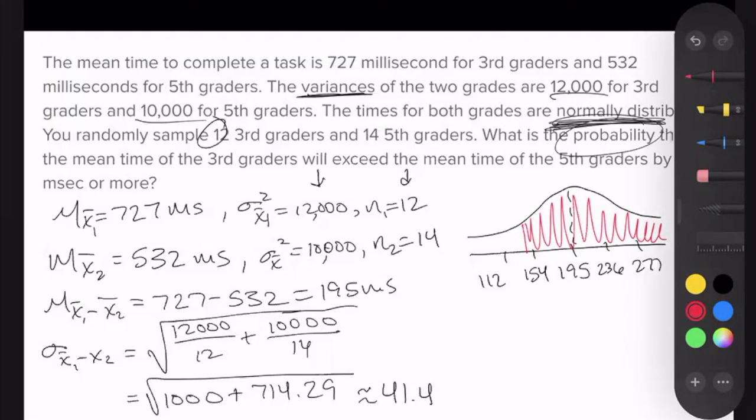So my lower bound is going to be 150, and my upper bound is going to be all the 9s. And the mean of the differences is 195, and the standard deviation of the differences is 41.4.